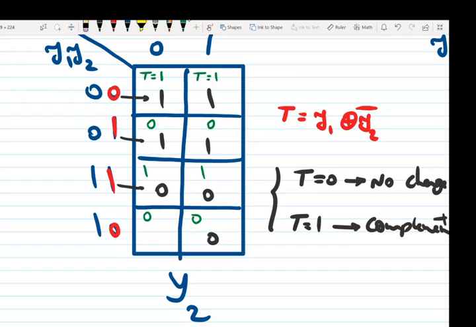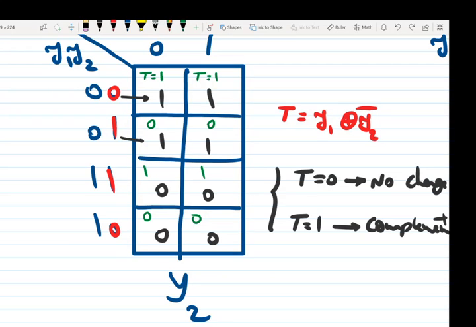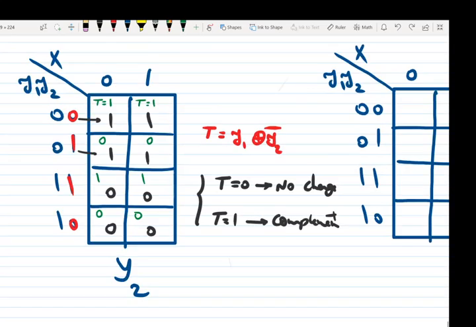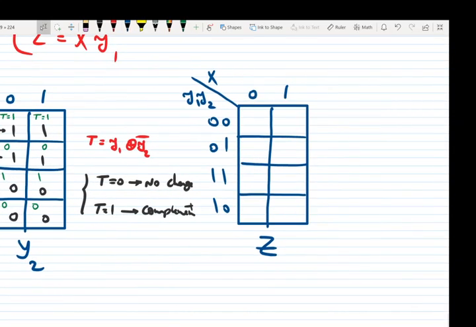Of course, it's not very difficult, and a T flip-flop or D flip-flop is easier than a JK flip-flop because we have only one input and we can easily find the output. Okay, now that we got Y2, it's time to find Z. Z is equal to X Y1.